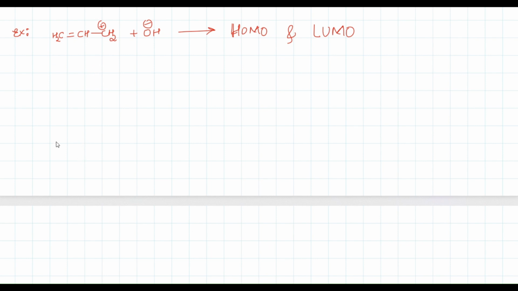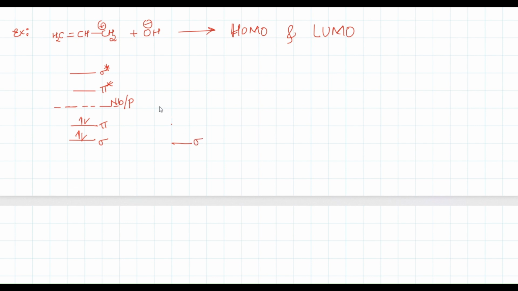Here the allylic carbocation has sigma, pi, non-bonding, pi star and sigma star. In sigma, two sigma bonds are filled and one pi bond is there. Here a vacant orbital is there for CH2 plus, similar to CH3, while the non-bonding p orbital is filled in OH minus.